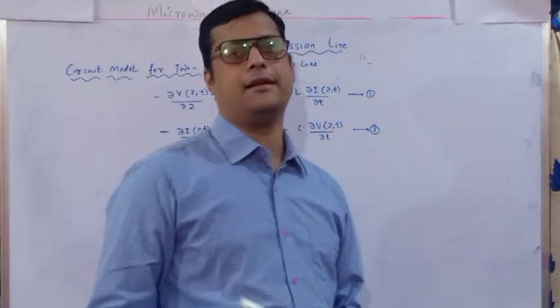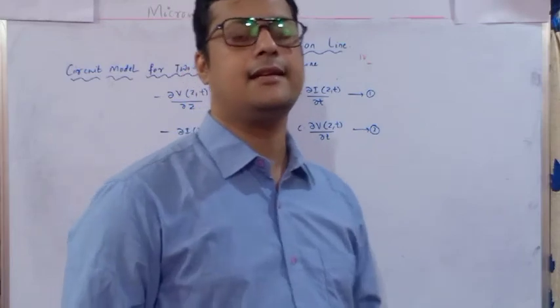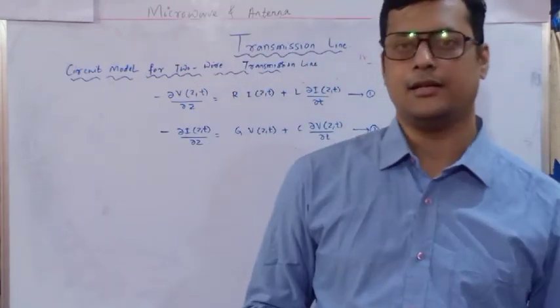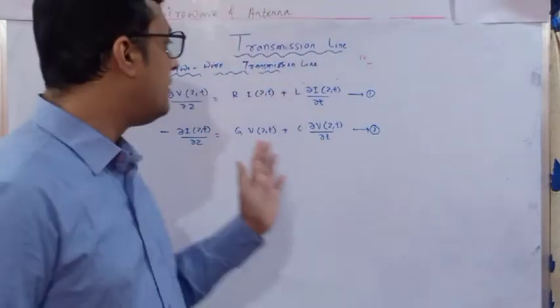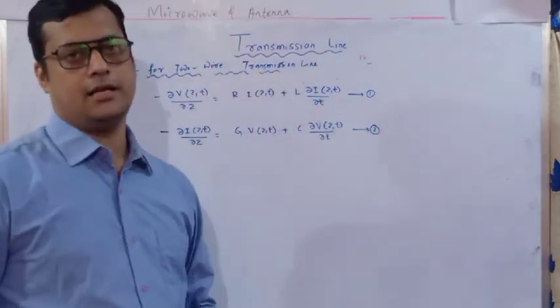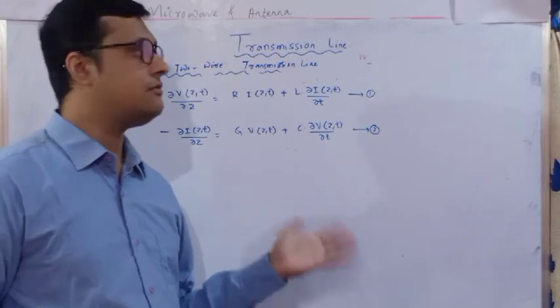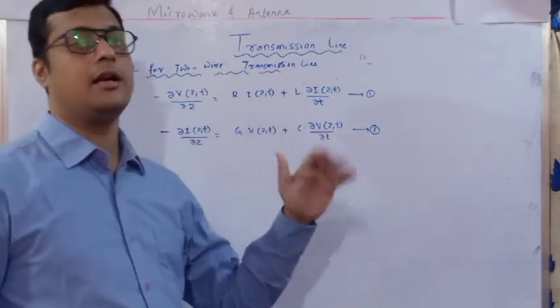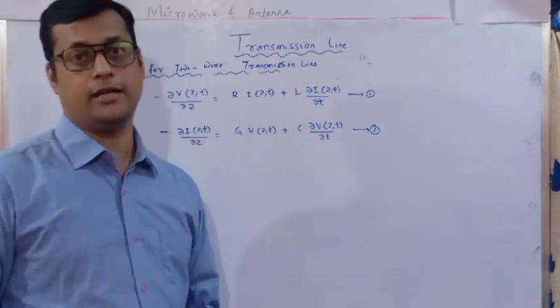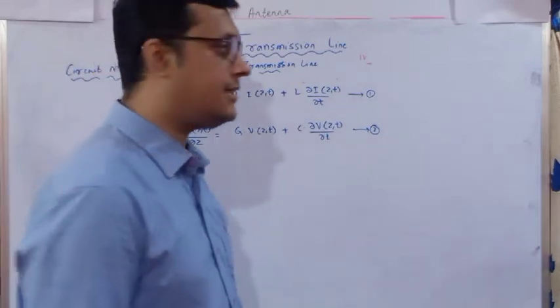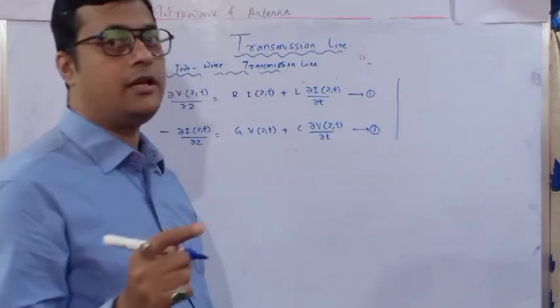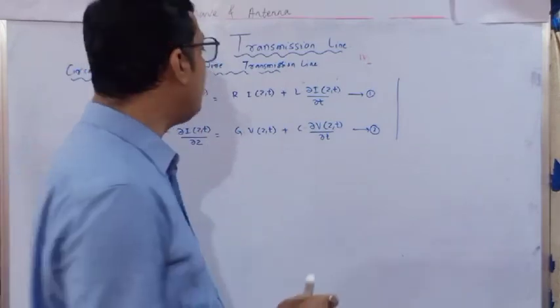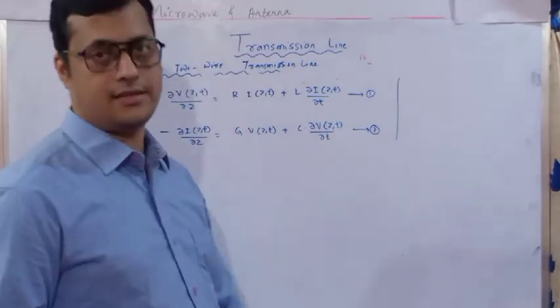Now these two equations need to be analyzed in terms of the wave equation. The wave equation will be represented in terms of time independent quantities. Time independent means we have to remove the time domain and convert into the frequency domain. You already know this from wave theory, how the time domain is represented.